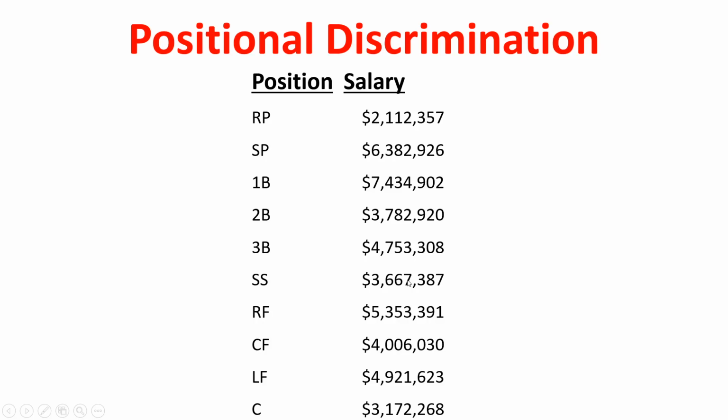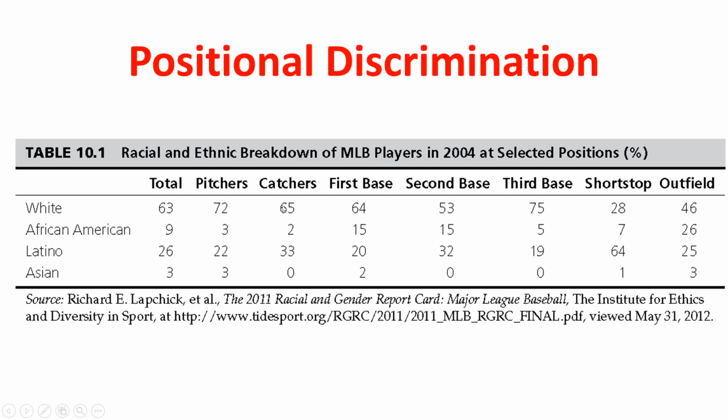So because you have different racial demographic breakdowns in each position, and because we can see there's significant variation in the wages of each position, it could look like there is discrimination going on when in fact it's just for whatever reason the sorting of different racial groups or ethnic groups into these different positions.